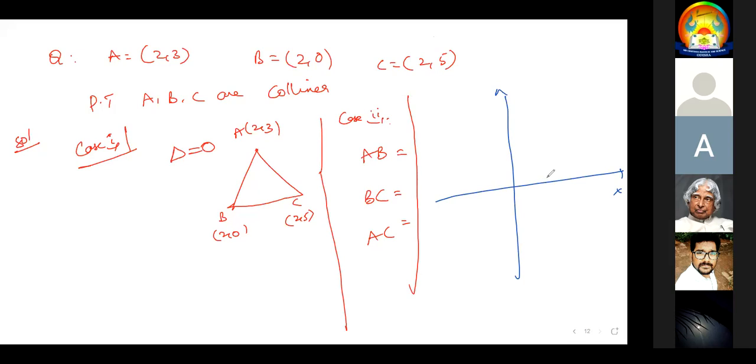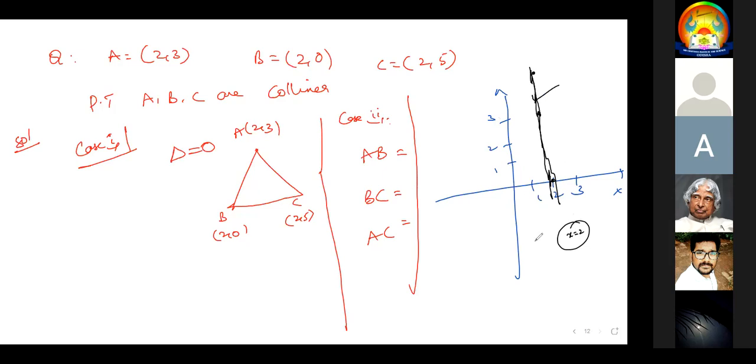The first point is (2,3), the second point is (2,0), and the third point is (2,5). Look at that: they clearly lie on a straight line, all x is equal to 2. So a straight line doesn't form any triangle. You can say that its area is 0. This is how we can do it.